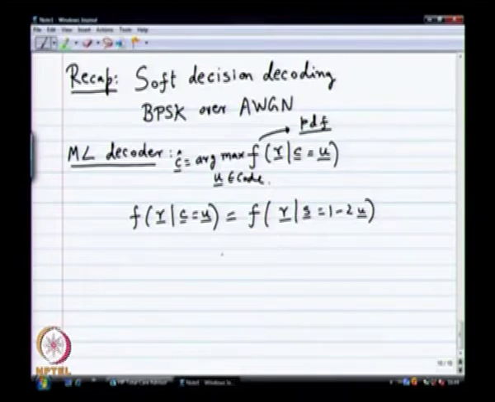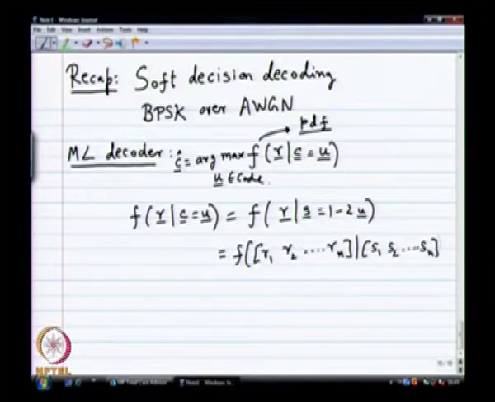This is maybe a little more confusing, so I will do it in more detail. This one is f of r1, r2, so on till rn given, let us say, some s1, s2, so on till sn.